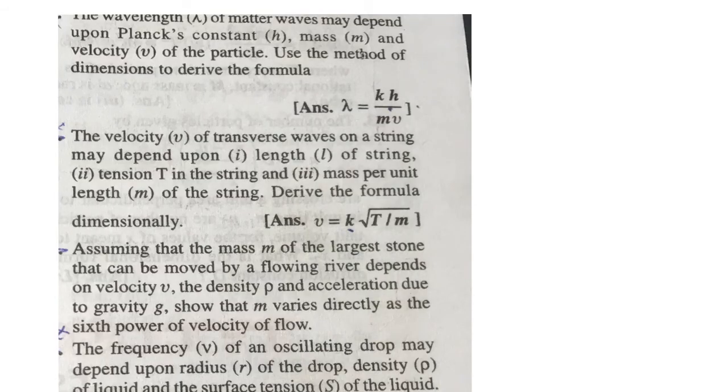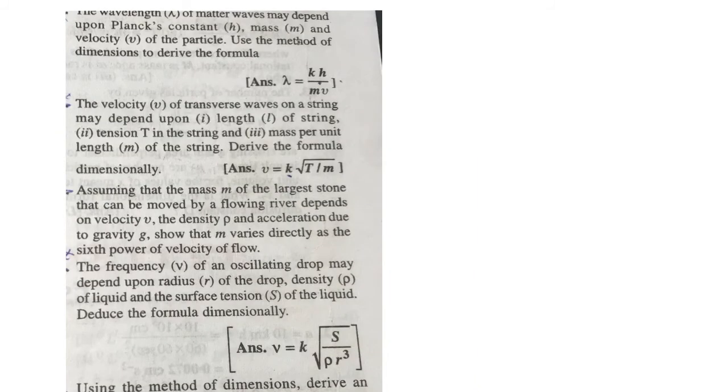In the first question, what they are saying is, the wavelength of matter waves depends upon Planck constant, mass, and velocity of the particle. Use the method of dimensions to find a formula, an equation. Okay class, can you solve this? In the first numerical, they are asking about lambda.